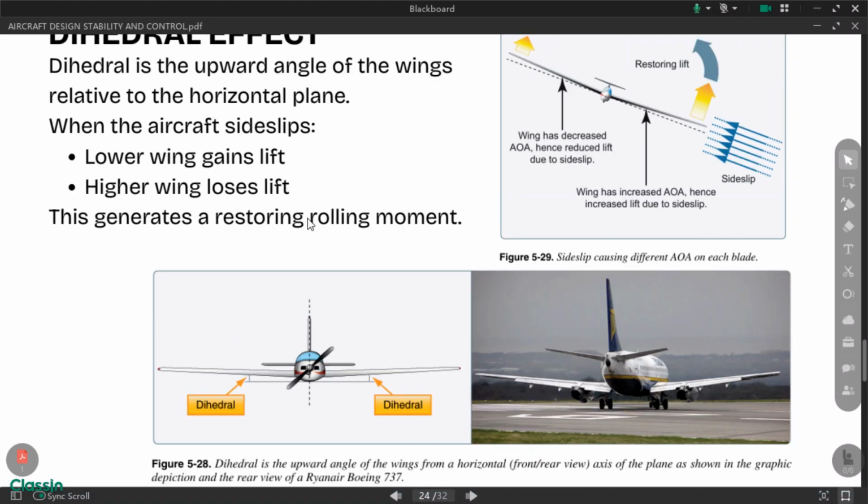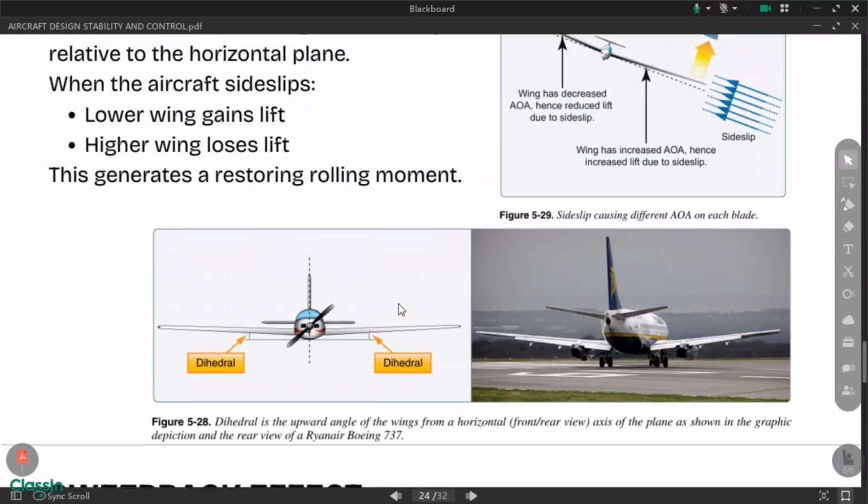So many Gen Av aircrafts, they have noticeable dihedral angles. No? Kasi they create stability. So imagine if yung aircraft natin experiences a disturbance, pag nagsa-side slip yung aircraft natin, yung relative wind natin is now approaching from the side. Tama? Approaching from the side na siya.